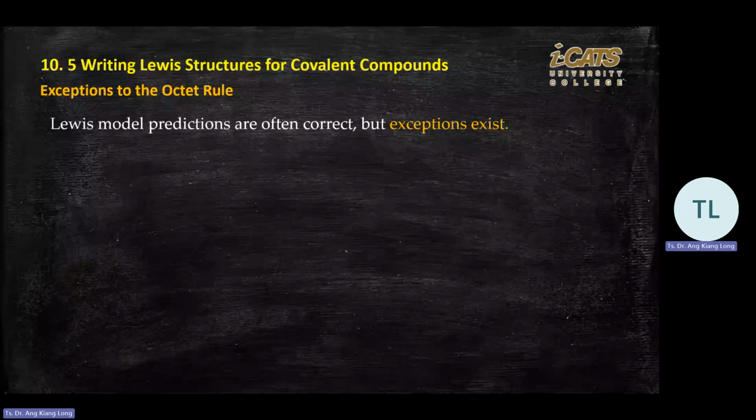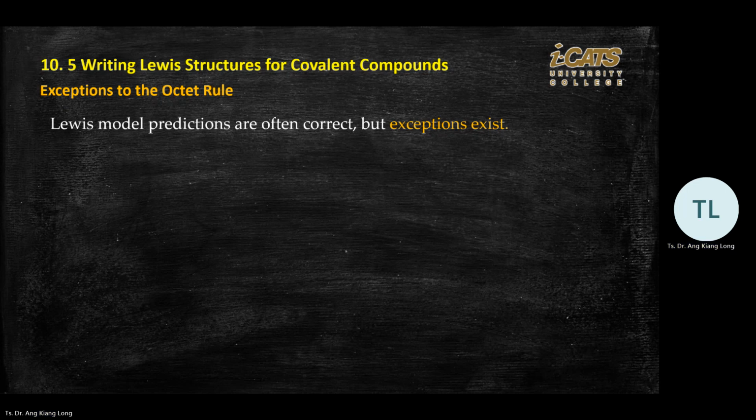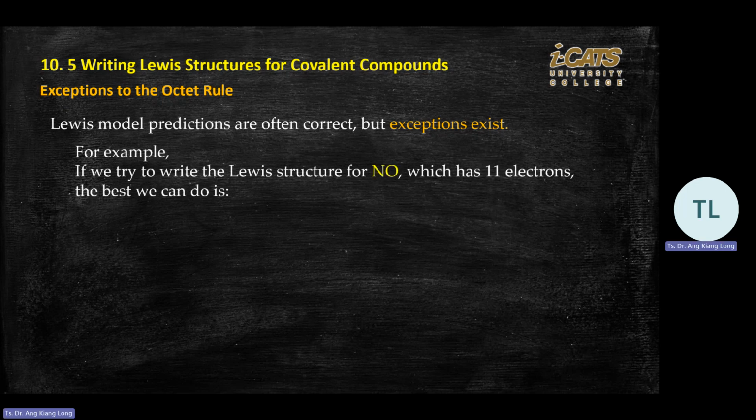All right. Now after the break, we go to another skill where you will predict the model. When you predict the rules, sometimes there are exceptions, meaning there are some special combinations where the octet rule does not apply.